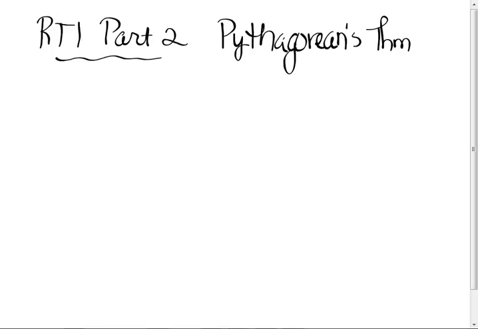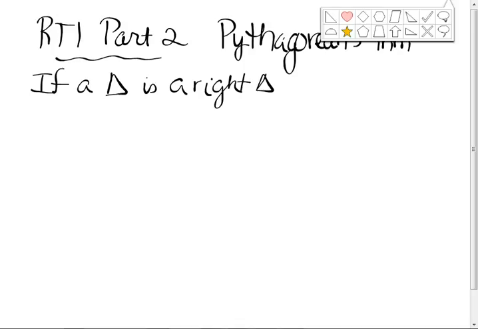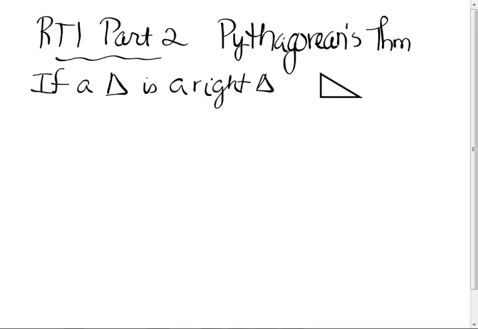Pythagorean theorem says if a triangle is a right triangle, and you should know this because you've done Pythagorean theorem since grade 6. The big thing you have to realize is what the sides are.